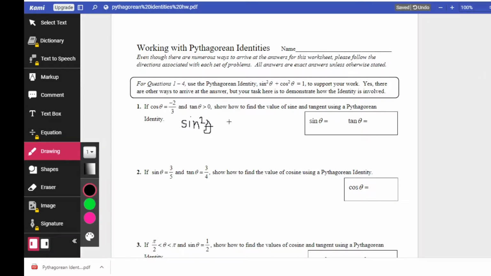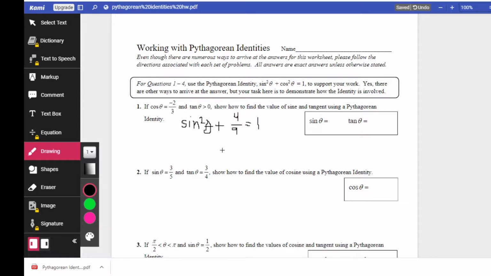of theta plus cosine squared of theta. Now we already know cosine of theta is -2/3, so we're going to square this, and that's going to give us 4/9 equals 1. So we're using the square of the cosine that was given, because sine squared plus cosine squared equals 1.